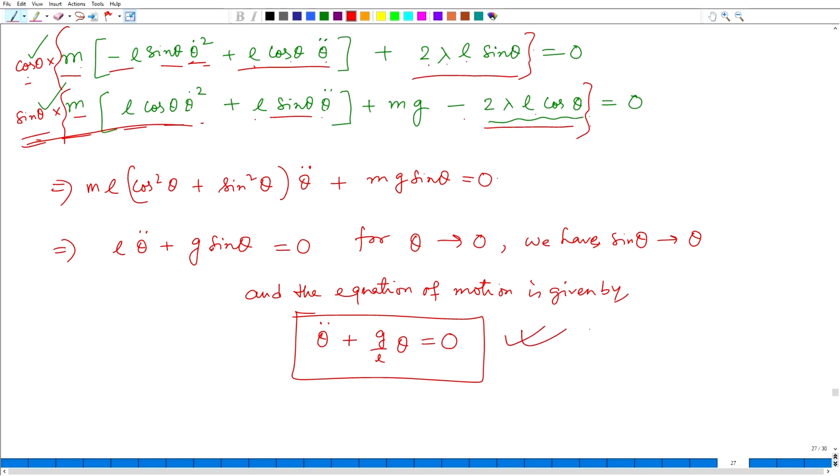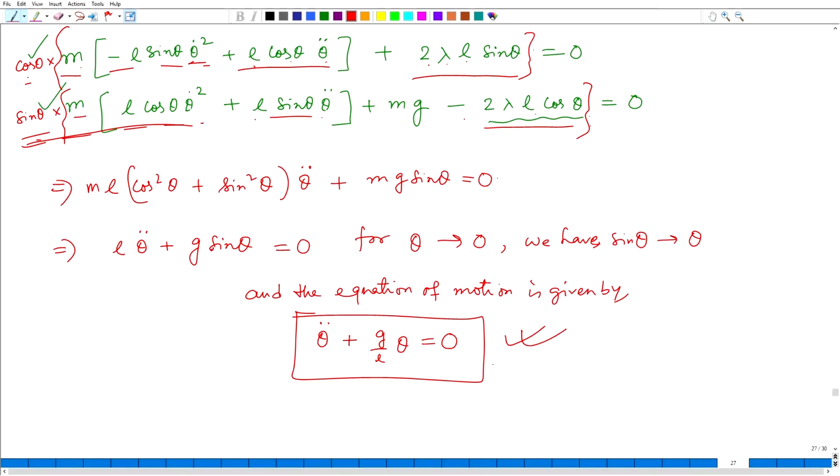So, what is this? This is again the equation of dynamics of a simple pendulum, where the angle theta is very small, and that is the popular form where you can see that the simple pendulum is actually performing a simple harmonic oscillation, okay, under the assumption that theta is tending to 0.